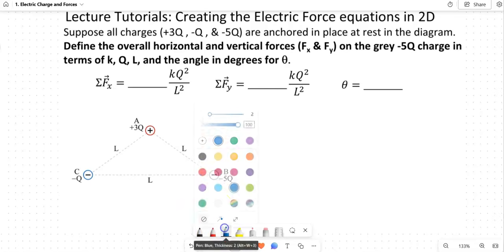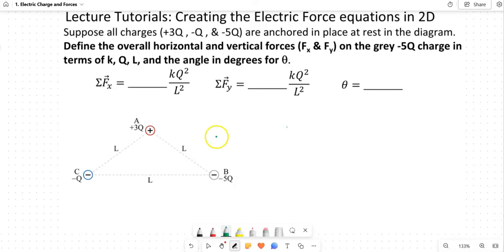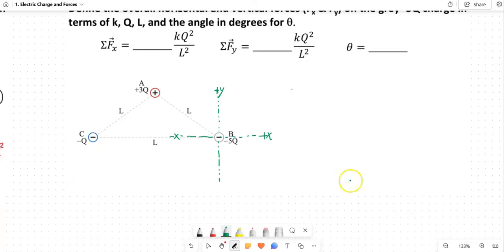So first thing that we're going to do is our coordinate system. And we're going to label our coordinate system. And negative y.